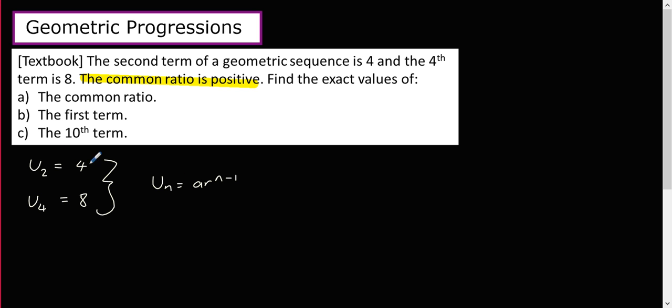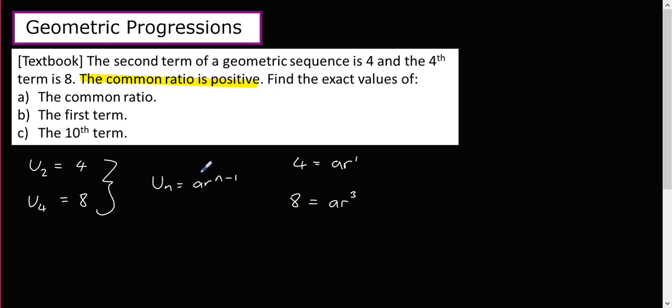So u2 is 4, and that's going to be a multiplied by r to the power of 1. All right, second term, we're going to drop that by 1, n minus 1 to give us 1. So we've got ar to the power of 1. u4 equals 8, therefore we've got 8 equals ar to the power of 3.